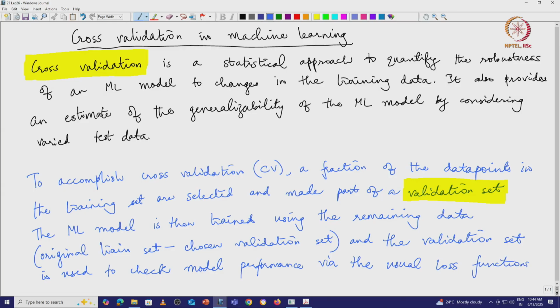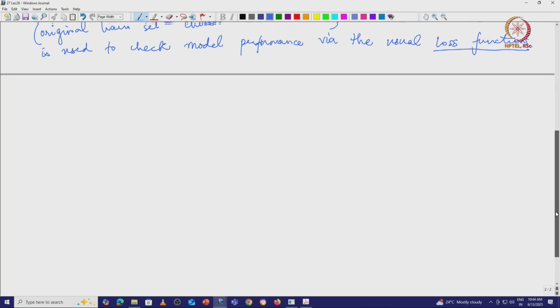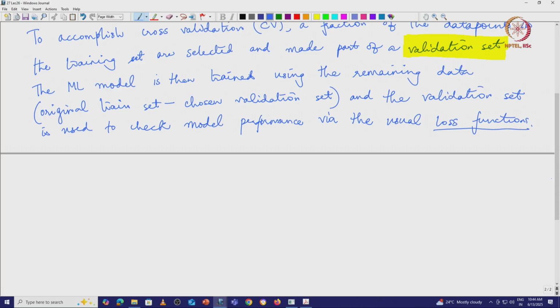Right. So the loss functions we studied several lectures ago. You have to pick the right loss function and then you have to employ it in your training process along with the validation set. So schematically this can be shown as follows.